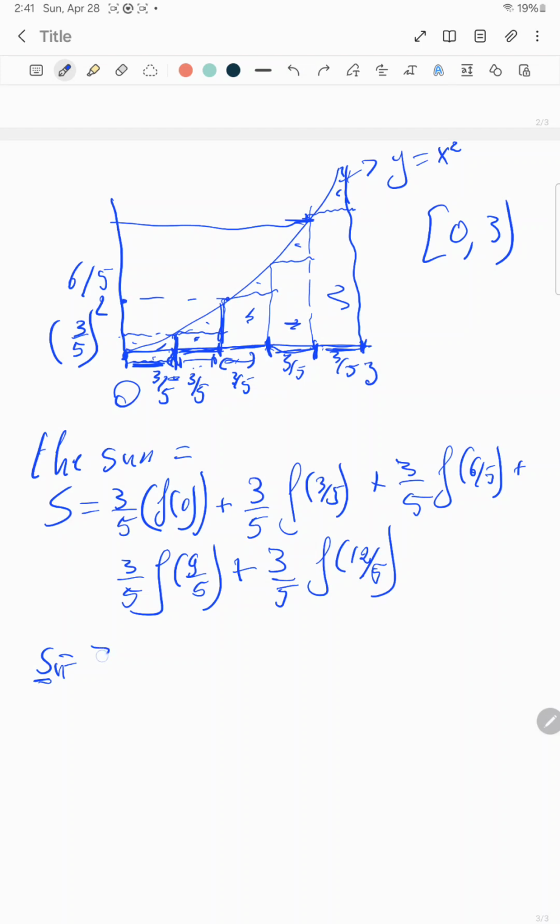S of n equals 3 over 5, and now I have to replace x by 0 here, 0 square, plus 3 over 5, and I replace x by 3 over 5.